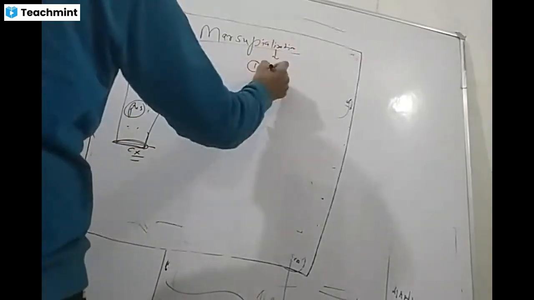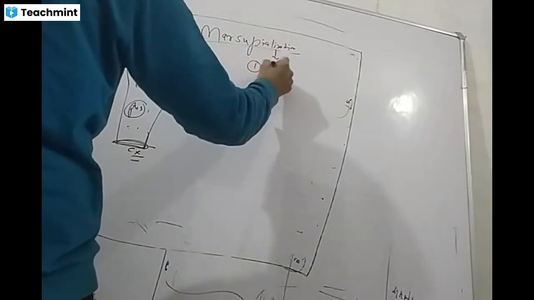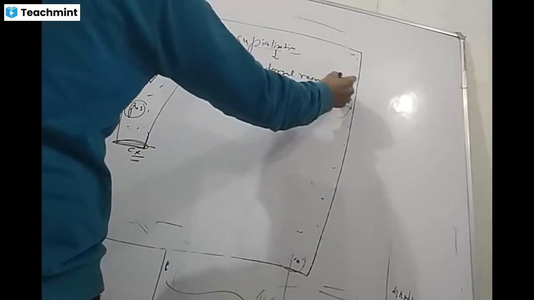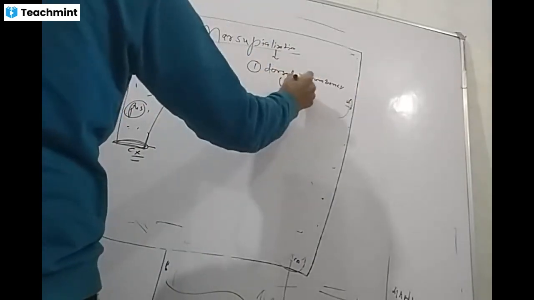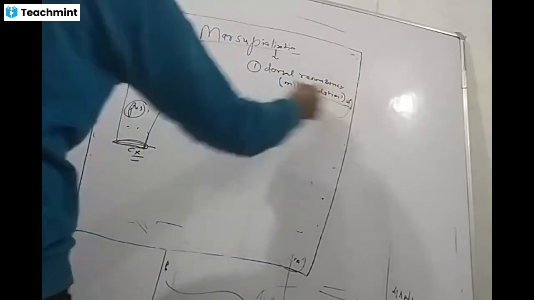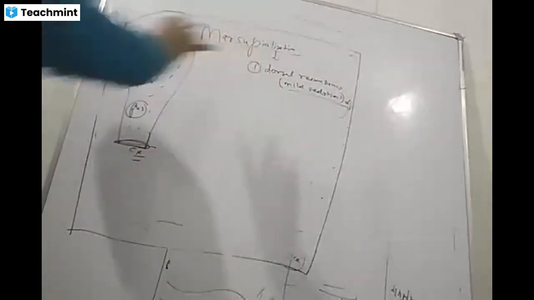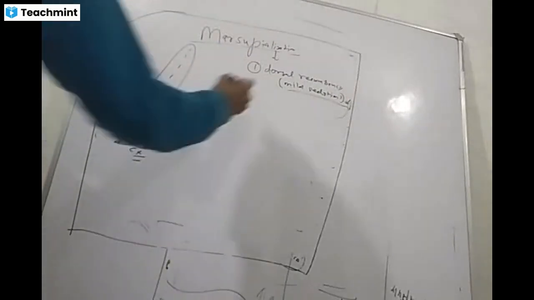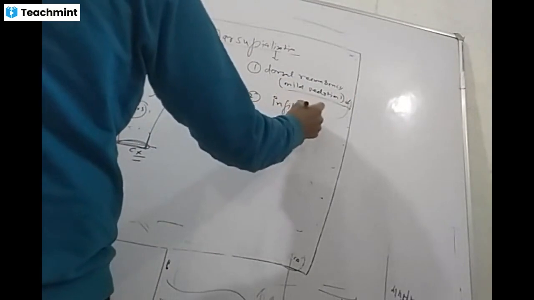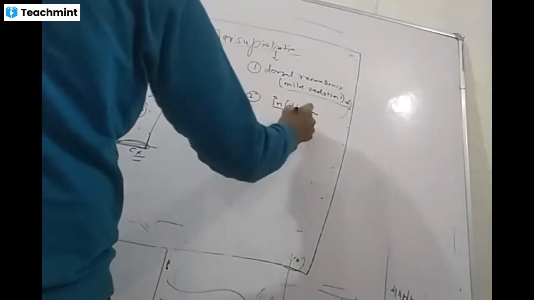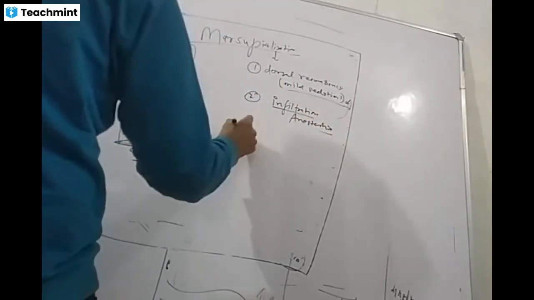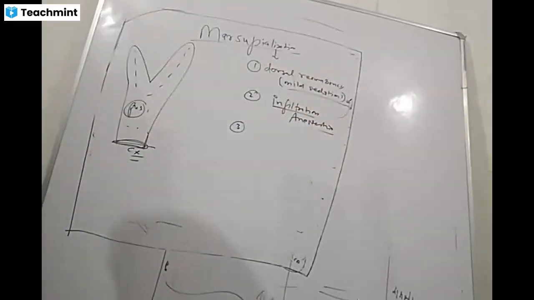Starting with, first take your animal in dorsal recumbency with mild sedation. No need to give general anesthesia. With mild sedation, keep the animal in dorsal recumbency. Then with local anesthesia, we call infiltration anesthesia, just infiltrate at the ventral side.